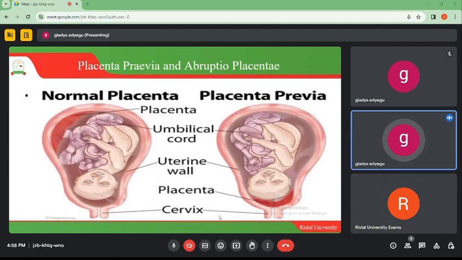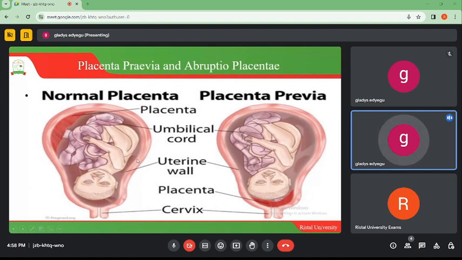You can look at this diagram. You can see how the placenta is located and how the babies are lying, and you can see placenta previa and abruptio placenta, but this one is basically explaining placenta previa. The normal placenta is supposed to be located on the upper segment of the uterus. On this other picture, this is the placenta around here, this is the umbilical cord, and this is our baby.